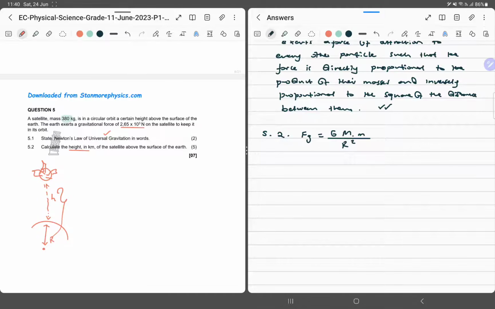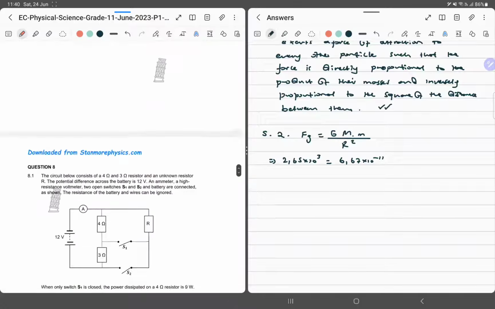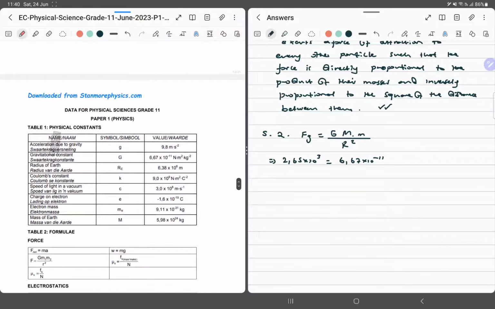Now this implies we substitute: 2,65 times 10 cubed is equal to G, which is 6,67 times 10 to the minus 11, right? But let's just double check. Sometimes it's easy to mess it up. So there are our constants here. It's 6,67 times 10 to the minus 11.